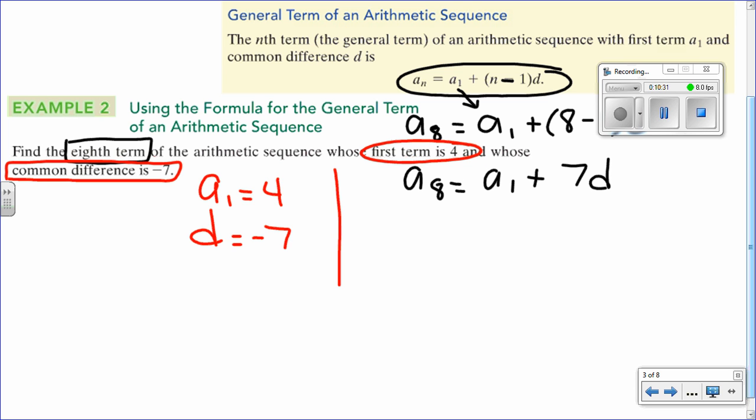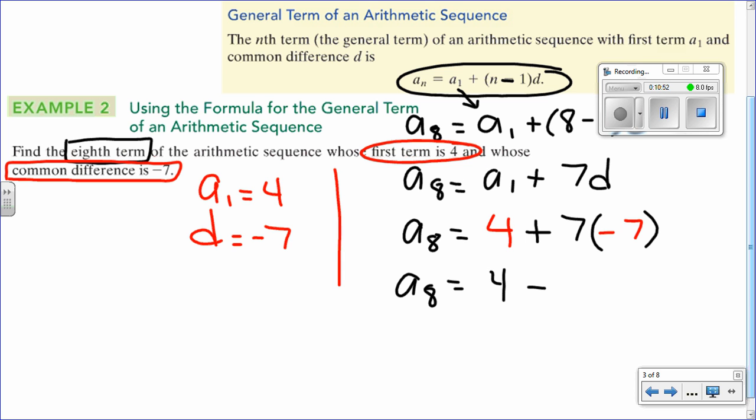So if we go here and we substitute, a sub 8 is going to be 4 plus 7 times the common difference, which is negative 7. So 4 minus 49, so that is negative 45. So that one right there is the eighth term.